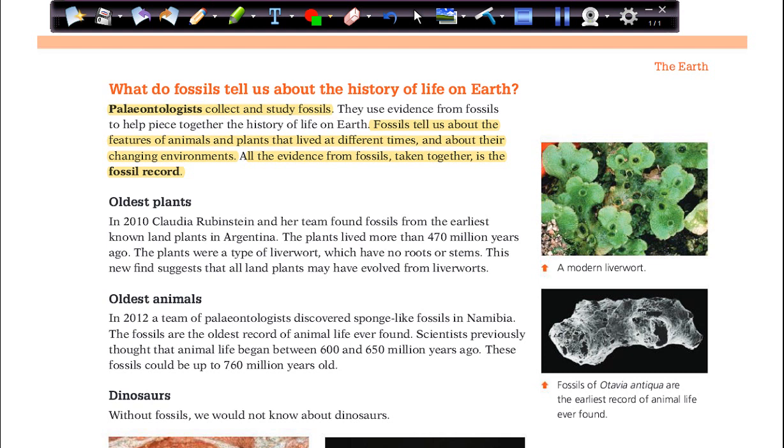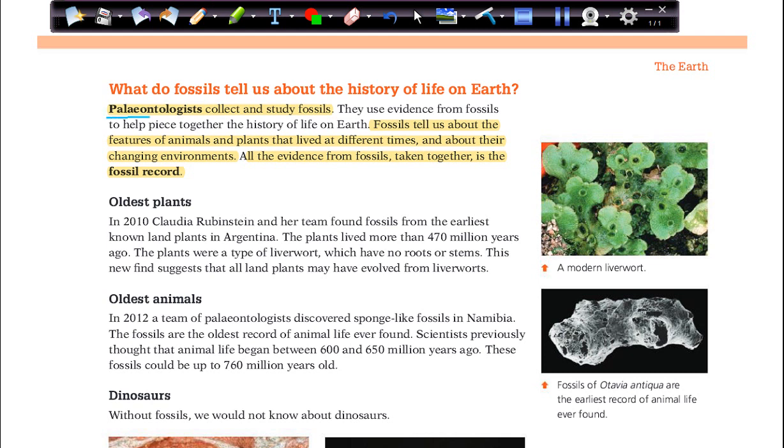What do fossils tell us about the history of life on Earth? So now we know the definition of fossils, and we saw how a fossil can form. Now we need to know what fossils can tell us about the history of life on Earth.